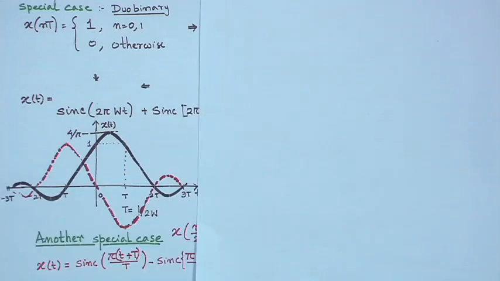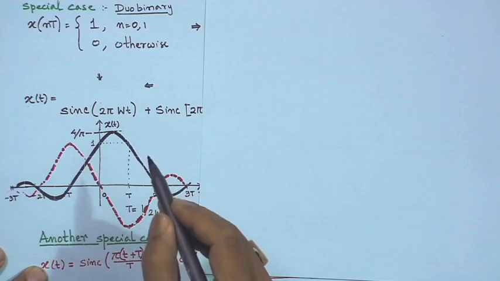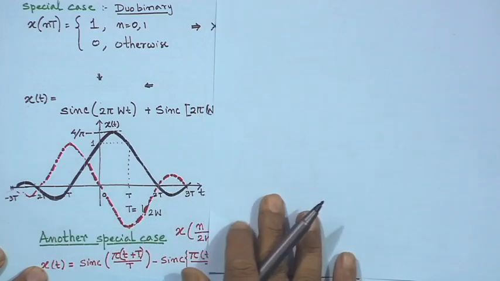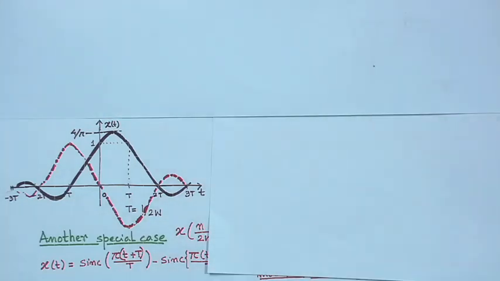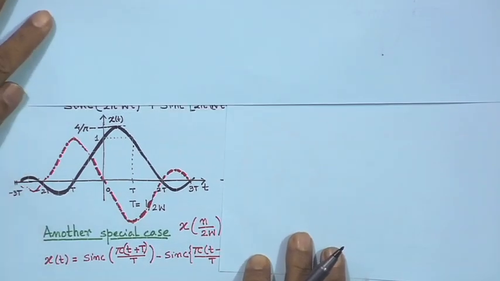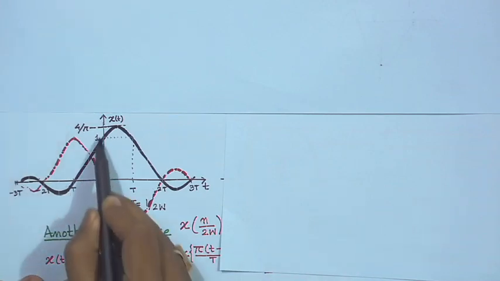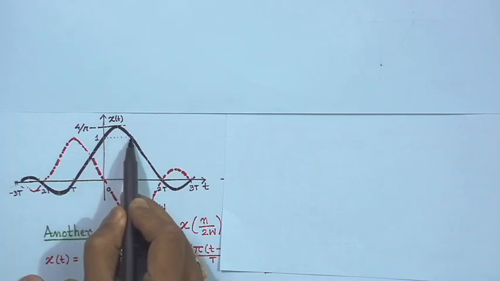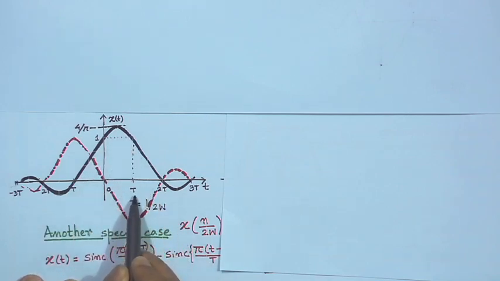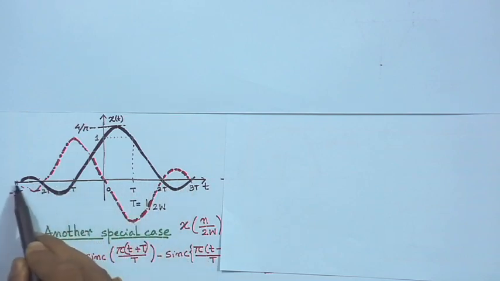The duobinary signals can be visually seen by the solid black curve in this particular picture. I will cover up the rest of it to avoid confusion. In this case we have a non-zero value at 0 as well as a non-zero value at T. However, at all other places there is 0 value.